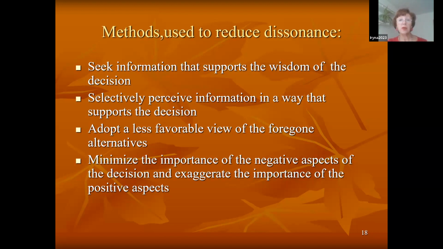You may re-evaluate other alternatives, looking at them as less favorable. Or you can emphasize and exaggerate positive aspects of the decision that you made and minimize the negative aspects.